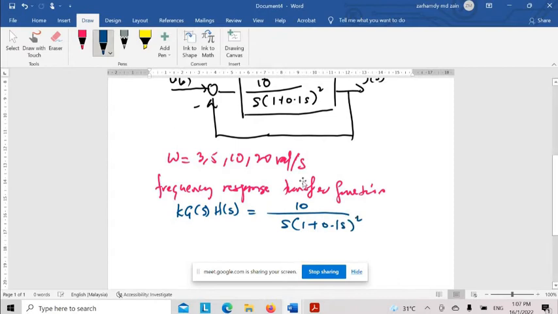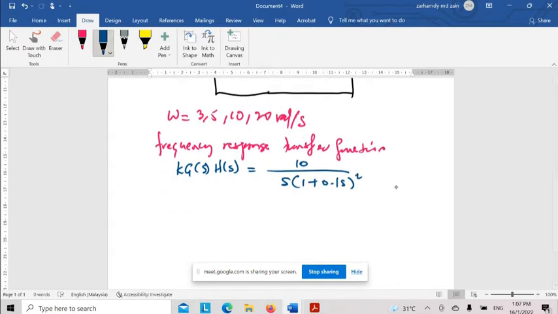If we look here, we have three systems: one is s, and also we have 1 plus 0.1 s.